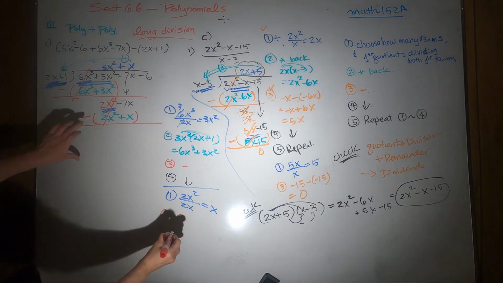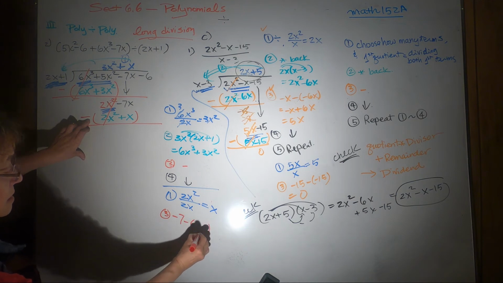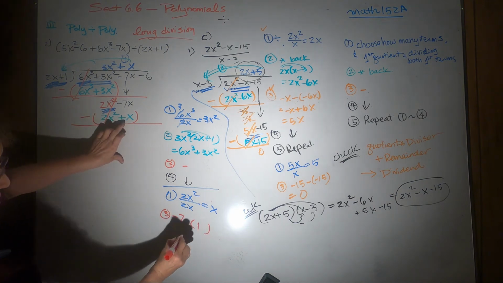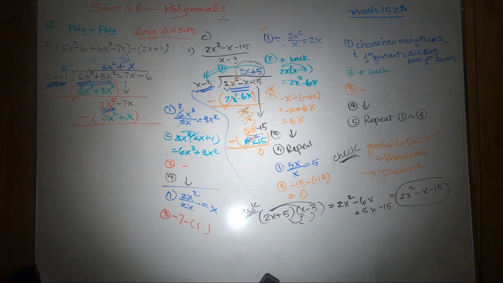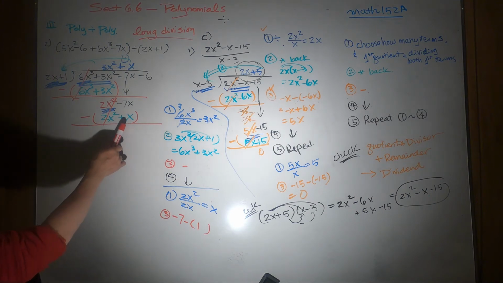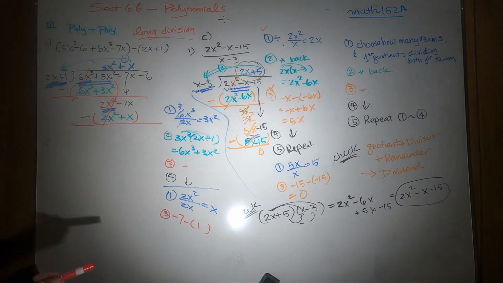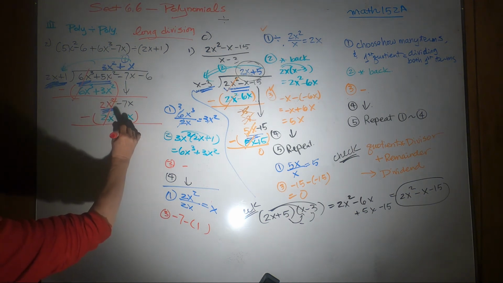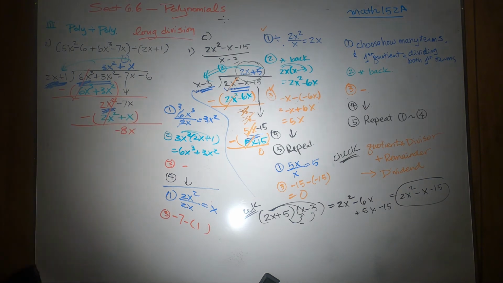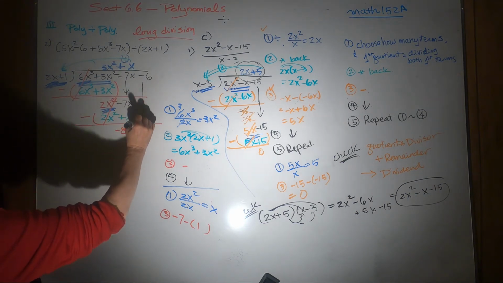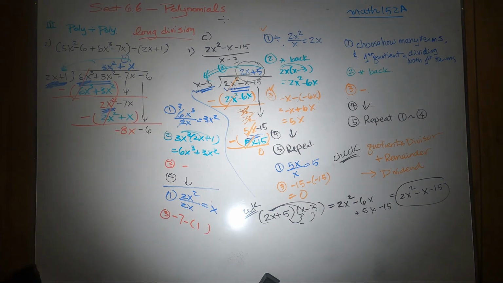Negative 7 minus 1x. So it's not negative 6. Be careful. Negative 7 minus one of them, you have negative 8x. Right? Then what's the next step? Then you drop down negative 6.